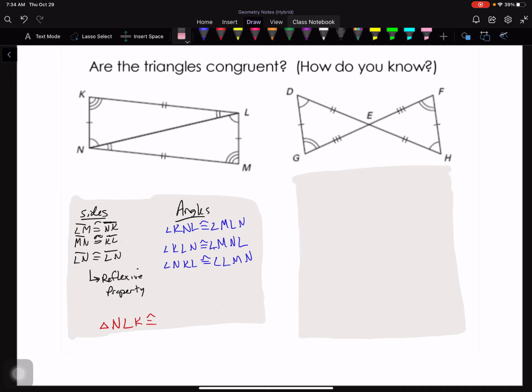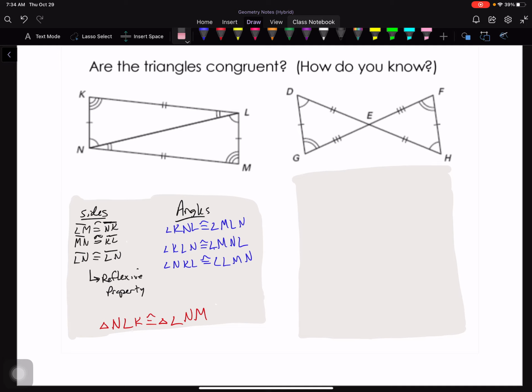So I went from my one arc to my two arcs to my three arcs, to get triangle NLK. I have to do the same thing for the other one. So my one arc is L, my two arcs is N, my third arc is M. So the order of the letters for your congruence statement is important. Like I said, you have to match up the angles so that the angles and sides match up.